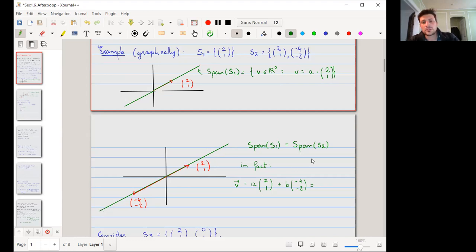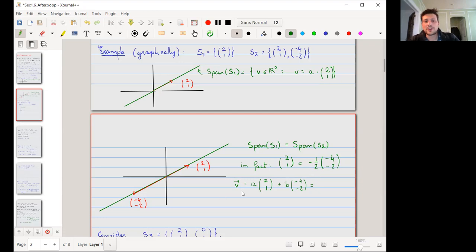The reason is that, as I just said, these vectors are parallel. In particular, I can get from one to the other by multiplying by minus 2, for example. Well, minus 1/2.